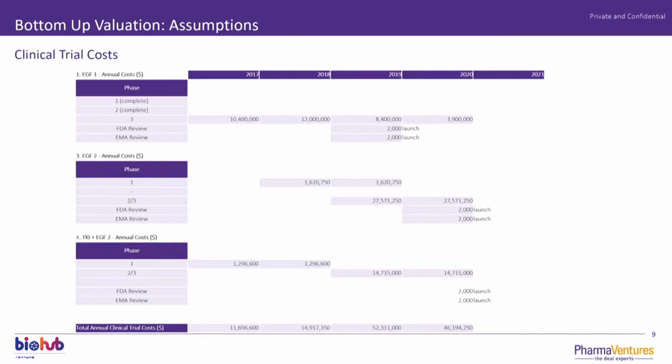But right there, they've got planned concurrent phase 1, 2, 3 trials going on, which costs a significant amount of money. So in the first year, there's over $11 million worth of trials being run, then 15, then 50, then 46 million. So you've got 120 odd million worth of costs there that actually the company didn't have in hand.